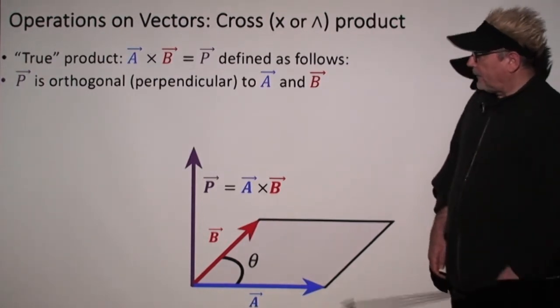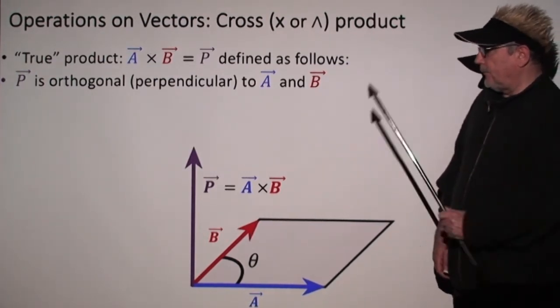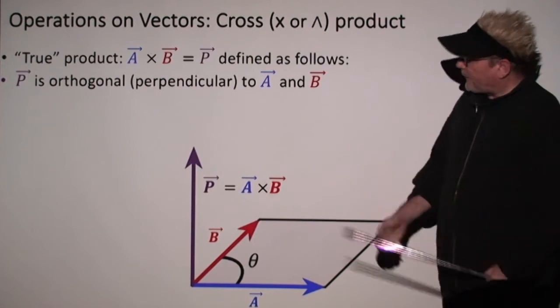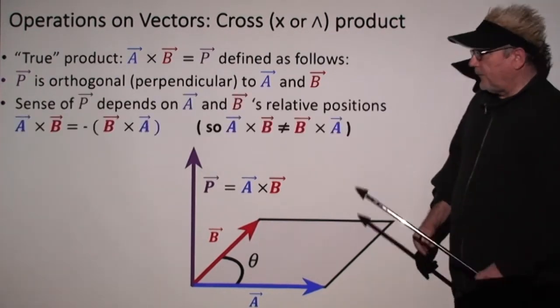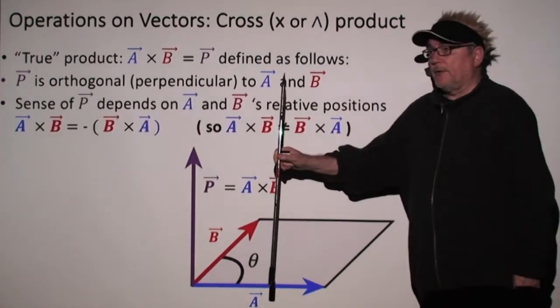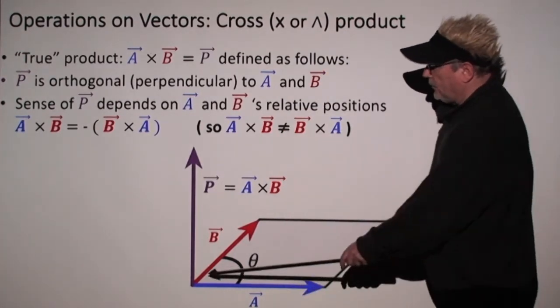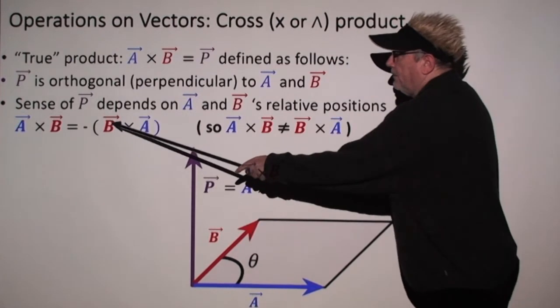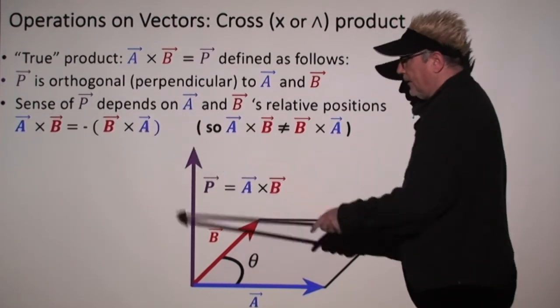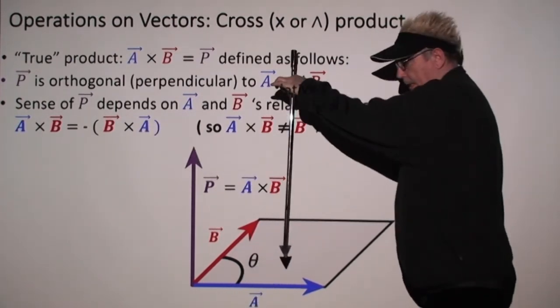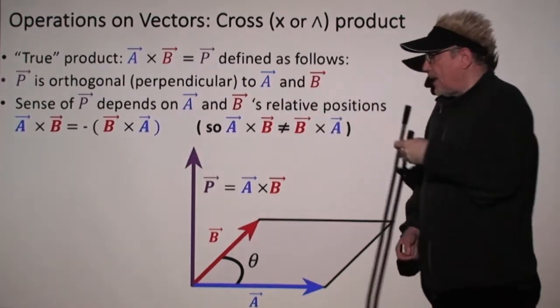Okay, so that's the first rule that defines the direction. The second rule is the sense. It's that direction, but is it up or down? Well, in that case, it will be up. But if you use B cross product A, it will be in the other direction. It will be like this, okay?